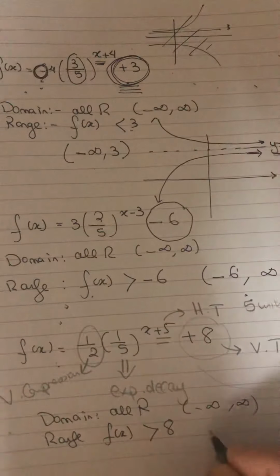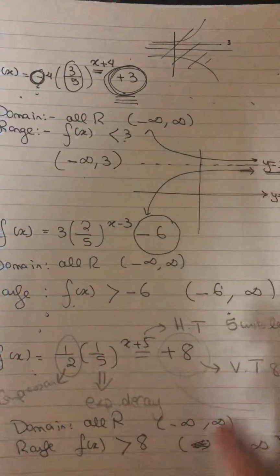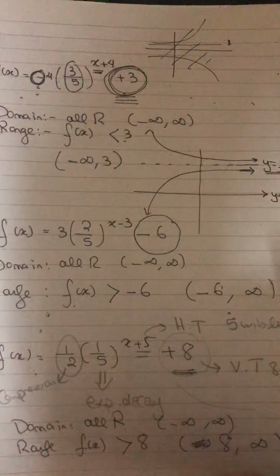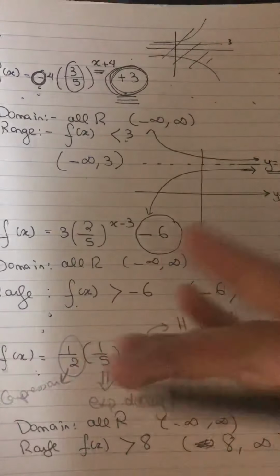Okay, greater than 8 means 8 to infinity opened, and there's no equal sign because 8 is an asymptote now. Instead of the x-axis, now 8 is the new asymptote, and the graph would never intersect 8. Okay, this is regarding some questions from 7.1.